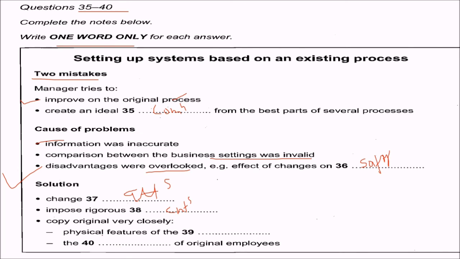And this, in turn, means copying the original as closely as possible. Not merely duplicating the physical characteristics of the factory, but also duplicating the skills that the original employees had. Reliance on a template like this offers the huge advantage of built-in consistency.